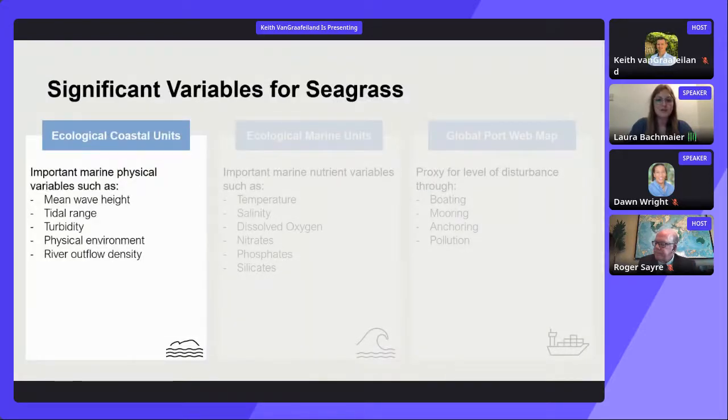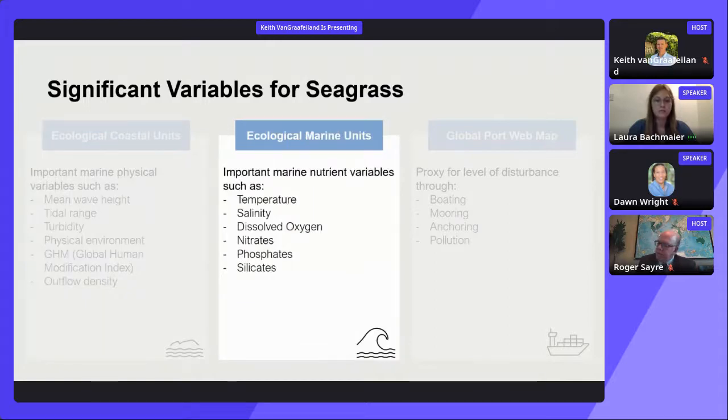And so yeah, I just wanted to take you through some of the important variables that each of these products added to my study. So the ECUs mostly added data on marine physical variables such as mean wave height, tidal range, etc. And just to give you an example of how these might impact seagrasses, the turbidity of the seawater will determine how much sunlight can penetrate the water column, which then directly impacts the primary production of seagrasses, or how much organic carbon that meadow can produce.